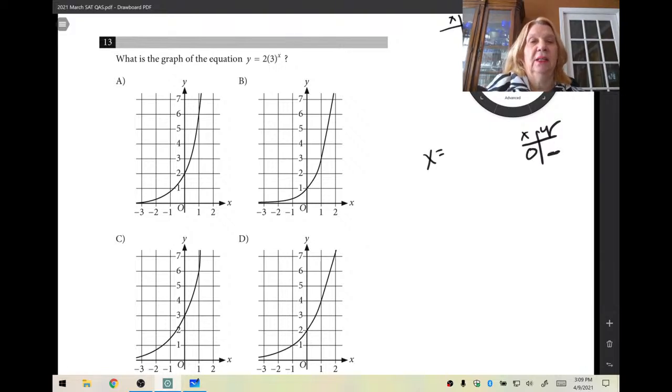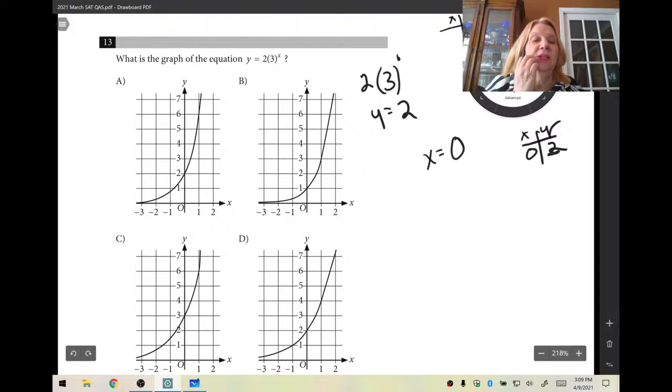So let's say x is 0. So that'll be any number to the 0 power is 1. So then y would equal 2. So we know it has to go through 0, 2, which right now eliminates these two.